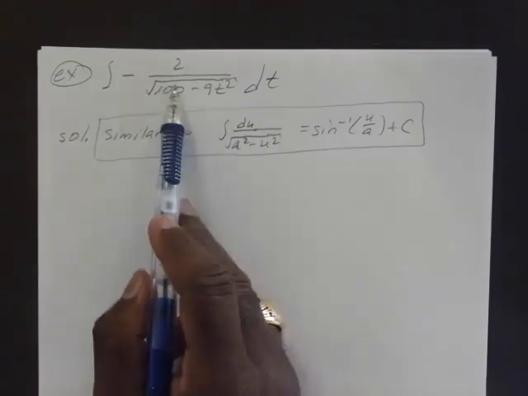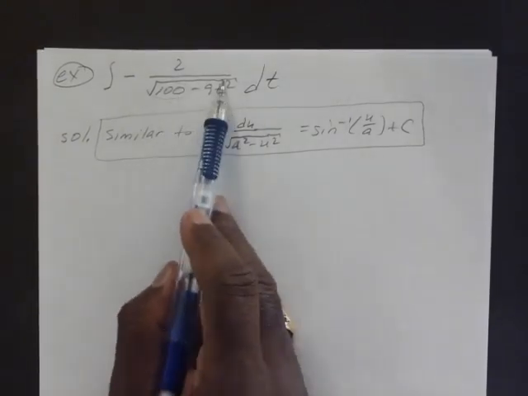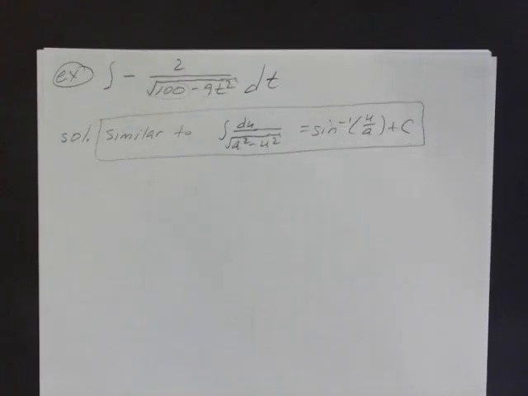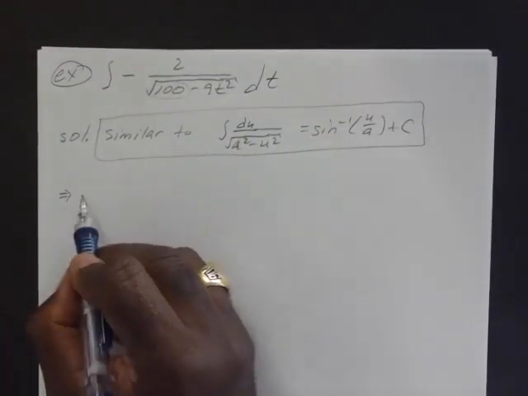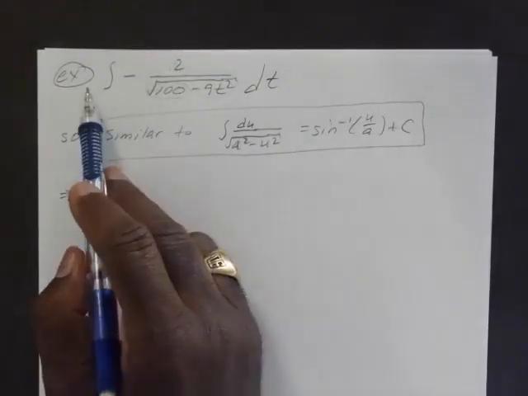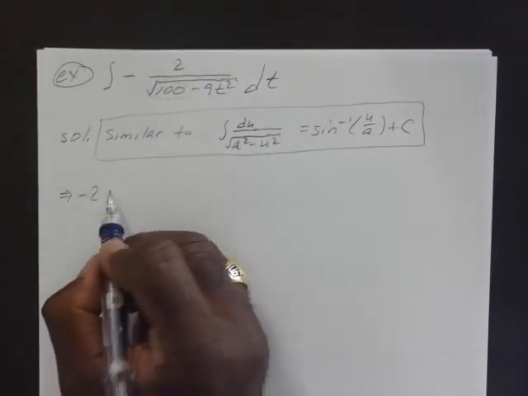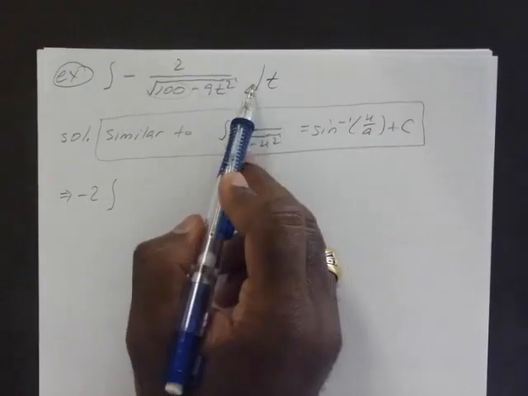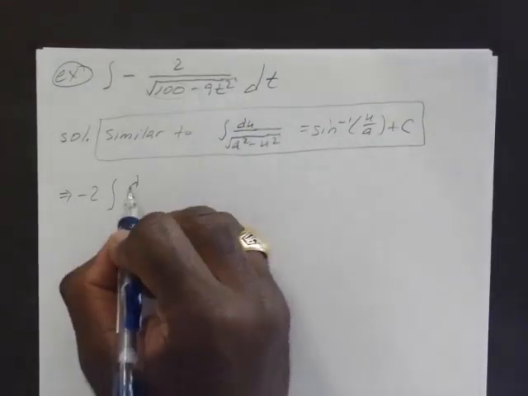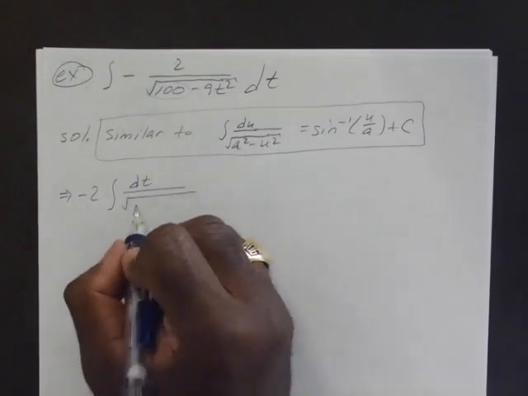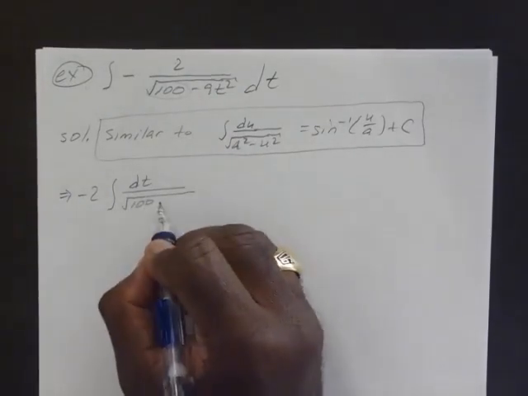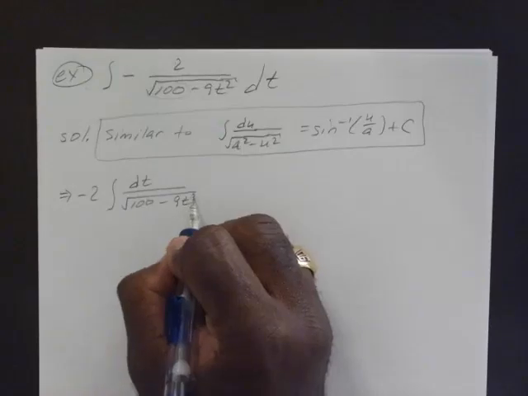Okay, so we want to rewrite your radicand in terms of squared functions and values. That means get that -2, move it out to the front, times the integral, that dt, I always just move it up top, divided by the square root of 100 minus 9t squared.